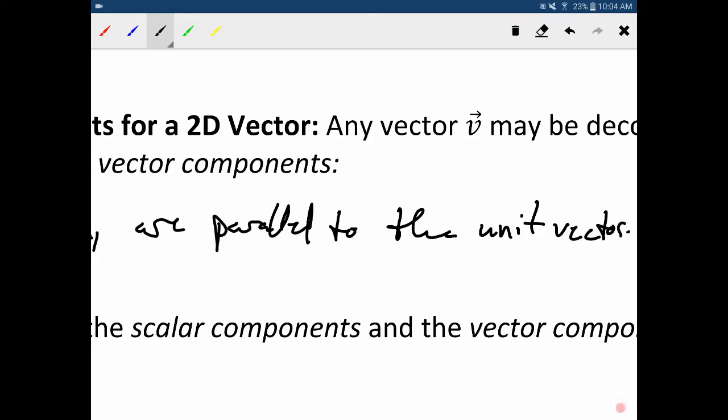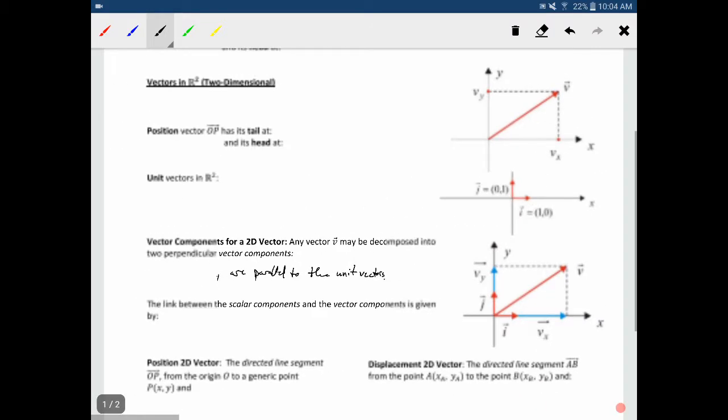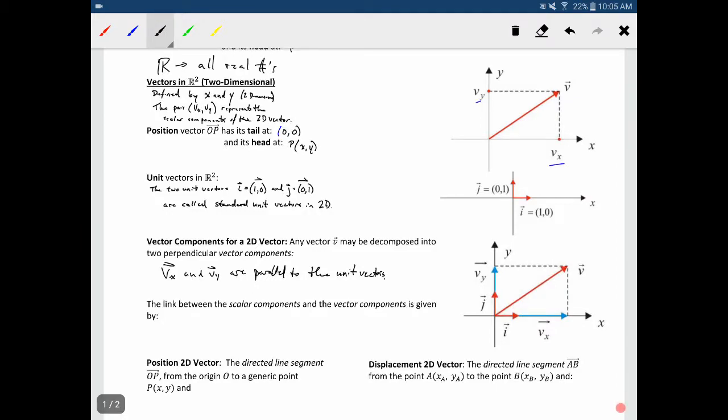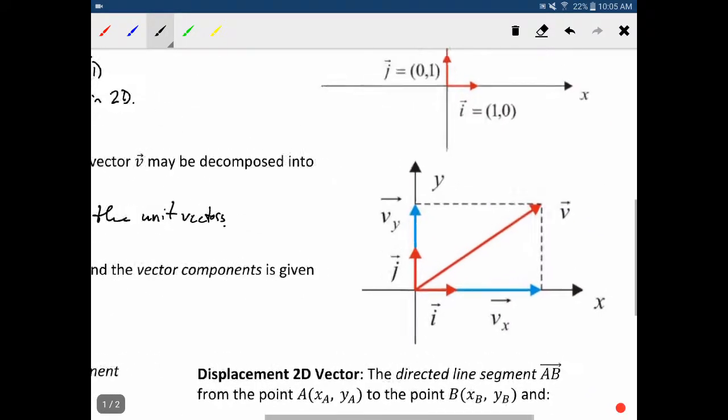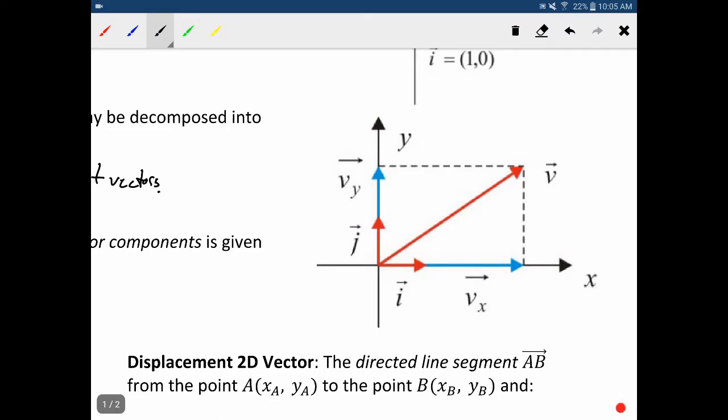The significance of this is that if we take any two vectors that are multiples of the unit vectors, we can build any vector in 2D. You can see this in this diagram. We've taken this vector v and built it out of Vy and Vx, which are just multiples of the two unit vectors.